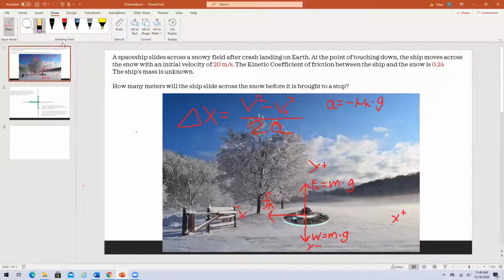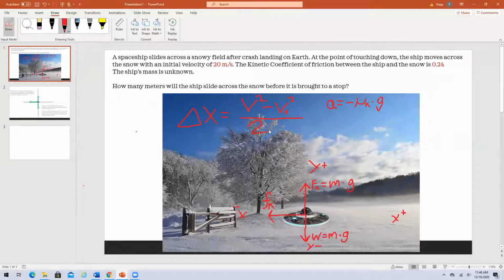So let me rewrite this equation. Actually, I'll leave that there. Let me just erase A here.